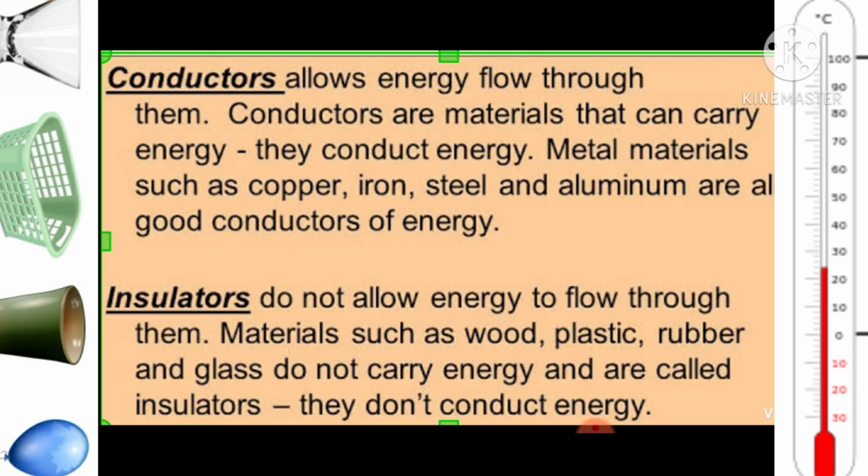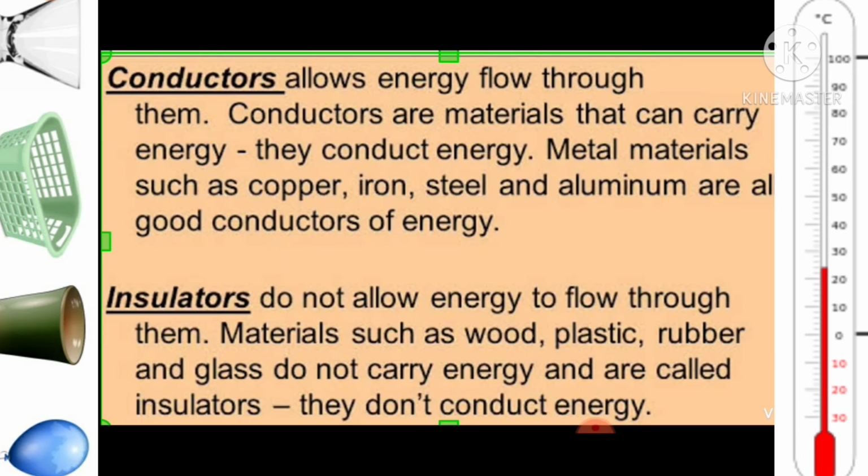Conductors allow energy to flow through them. Conductors are materials that can carry energy, that is, they conduct energy. Metal materials such as copper, iron, steel, and aluminium are all good conductors of energy. Here, what is energy? Heat. Here, energy is heat.